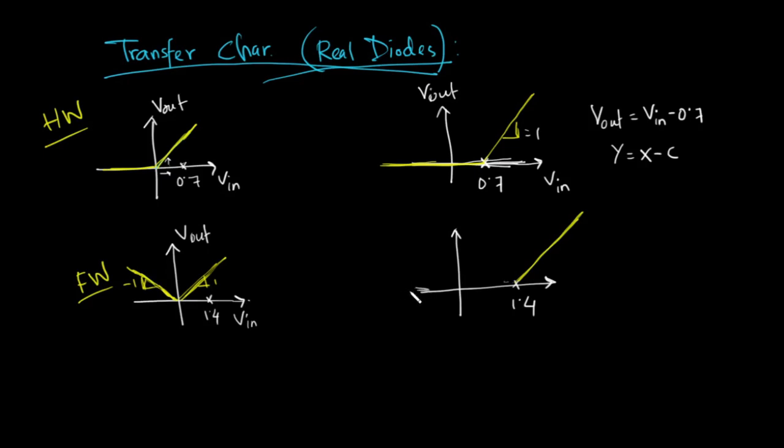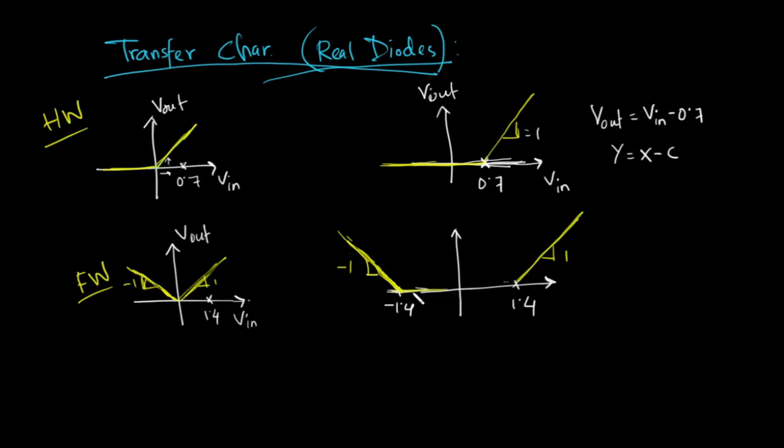So if I have minus 1.4 here, then the graph will be like this. As before, the slope of this part is 1, the slope of this part is minus 1.